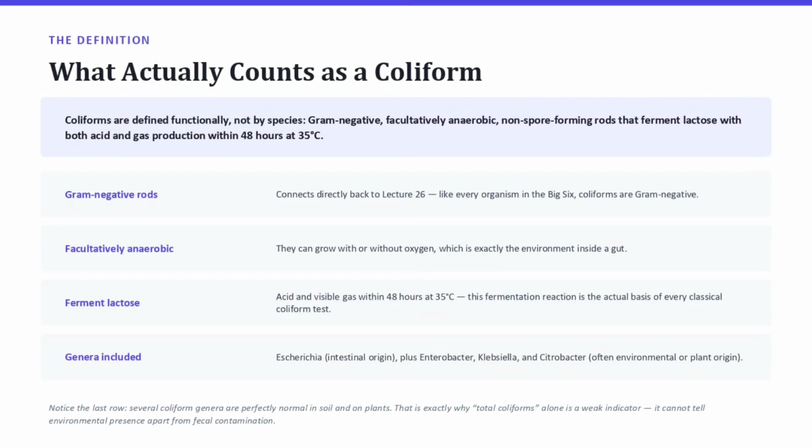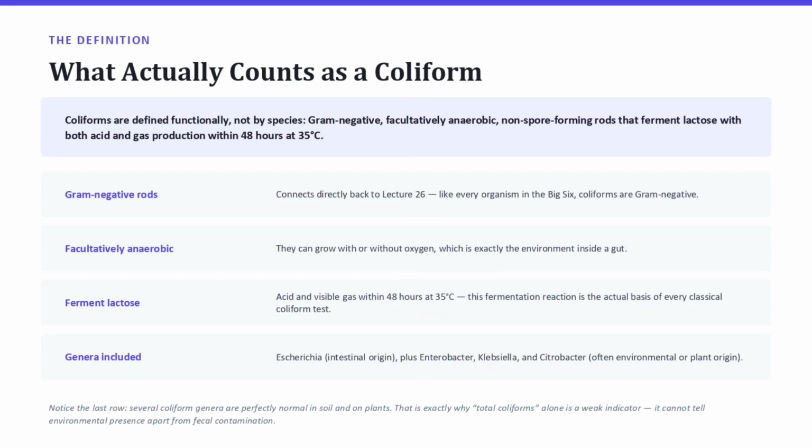Like every organism in the Big Six, coliforms are gram-negative. Facultatively anaerobic, they can grow with or without oxygen, which happens to be exactly the environment inside a gut. They ferment lactose, acid and visible gas within 48 hours at 35 degrees Celsius, and this fermentation reaction is the actual basis of every classical coliform test you'll encounter.